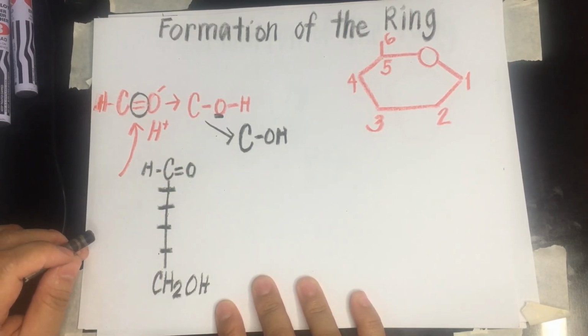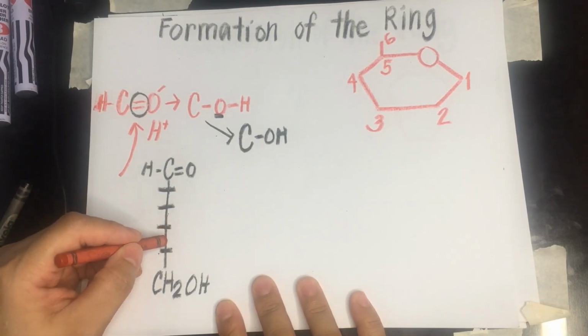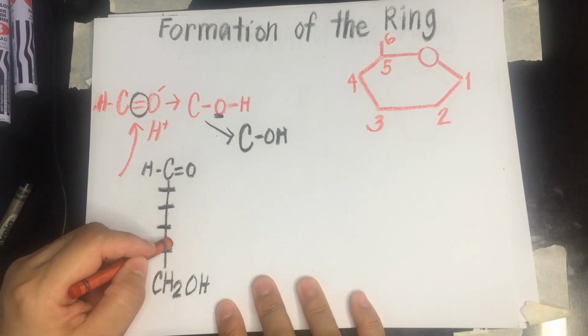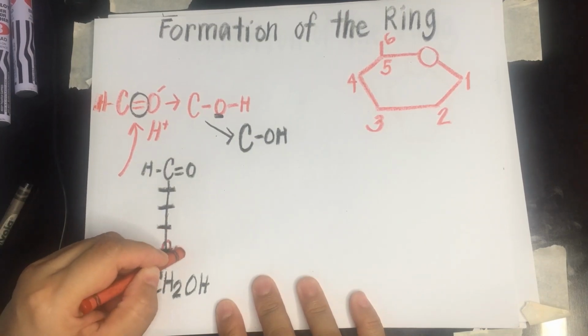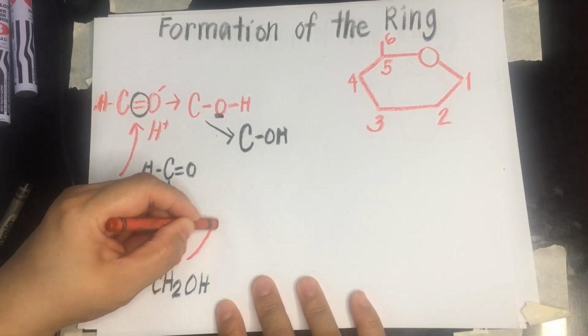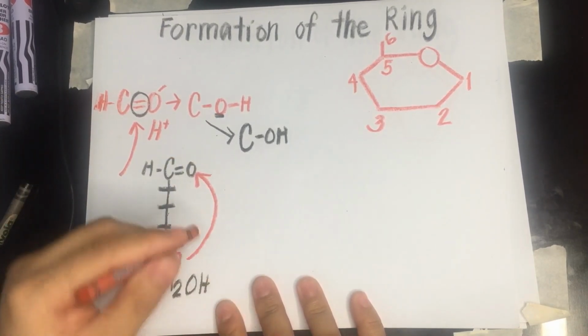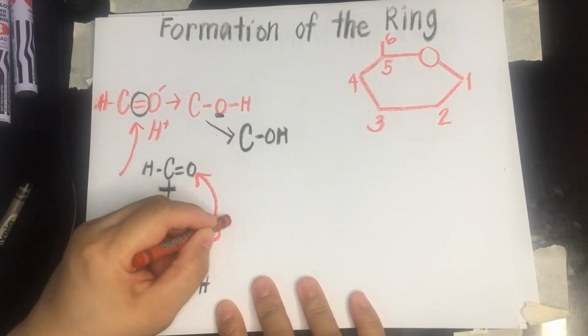We have to take into consideration that the carbon that has the highest chiral center, C5, is now going to move in a counterclockwise manner together with the hydroxyl group.